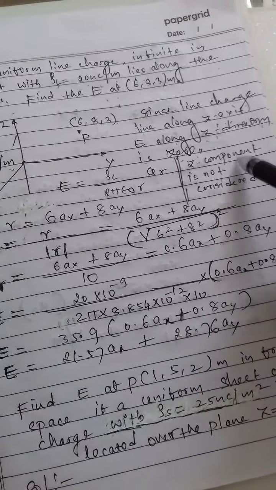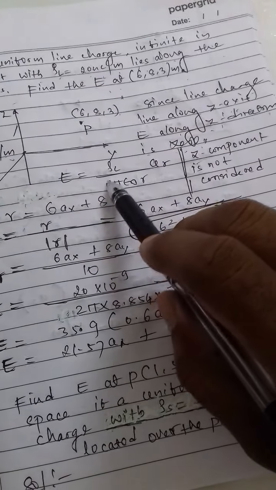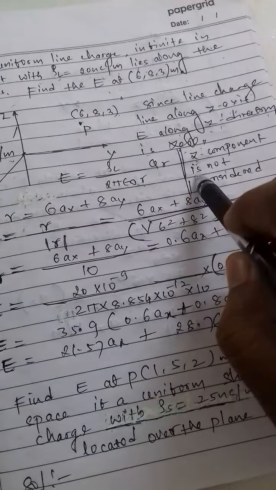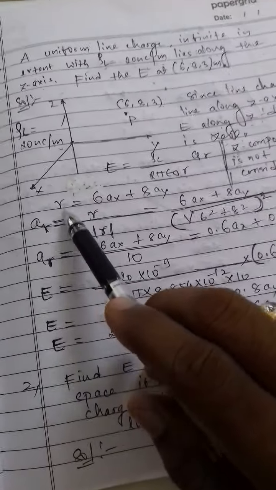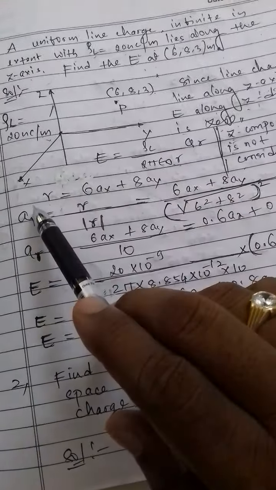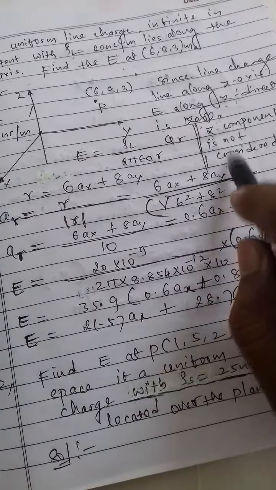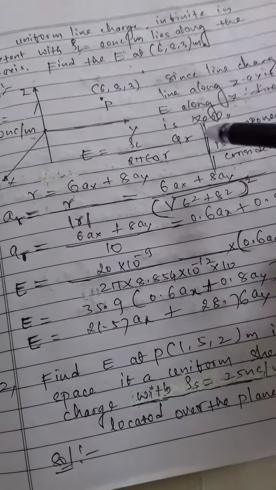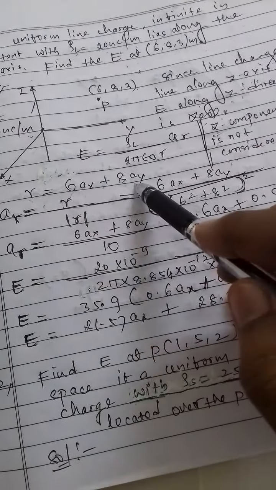Now the electric field intensity due to an infinite line charge is rho L upon 2 pi epsilon naught r into ar. Here the z component is not considered. To determine the distance of point P from the line charge, you shall not consider the z component, because the line charge lies along the z axis, so r is equal to 6ax plus 8ay.